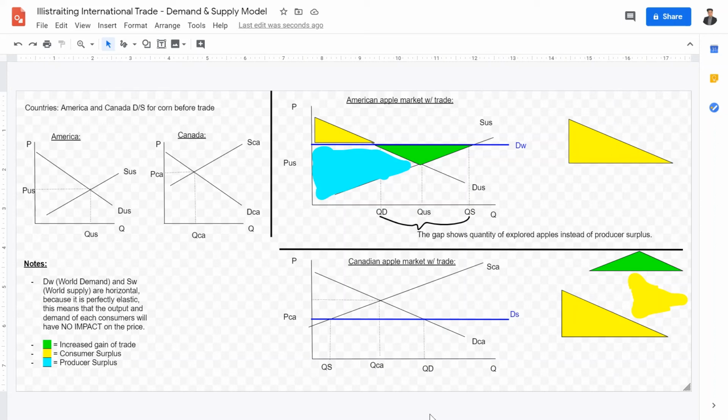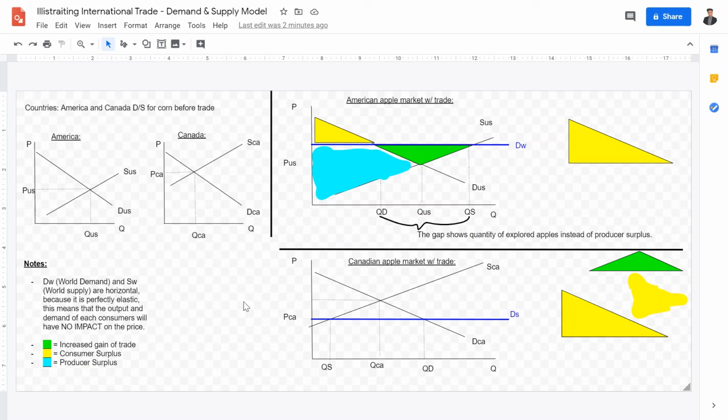Now, for the Canadian market, it's a little bit different. The Canadian market has an absolute disadvantage in the production of apples, and it also has a comparative disadvantage in the production of apples. So instead of exporting apples, they import apples, for example, from other countries. So instead of having a horizontal world demand curve, it has a horizontal world supply curve.